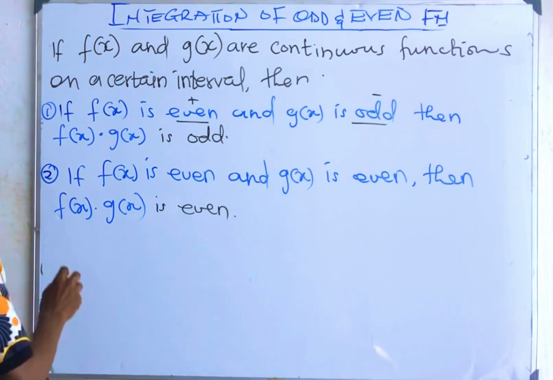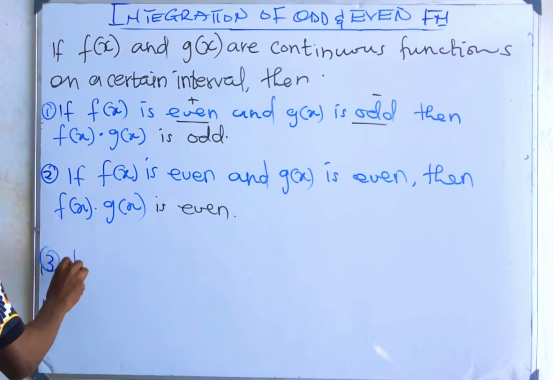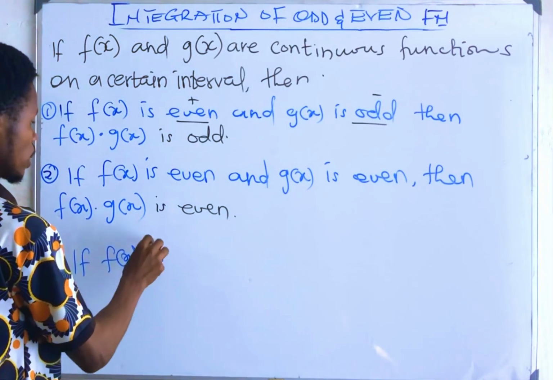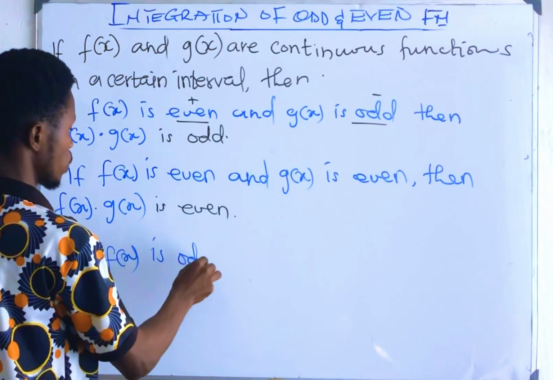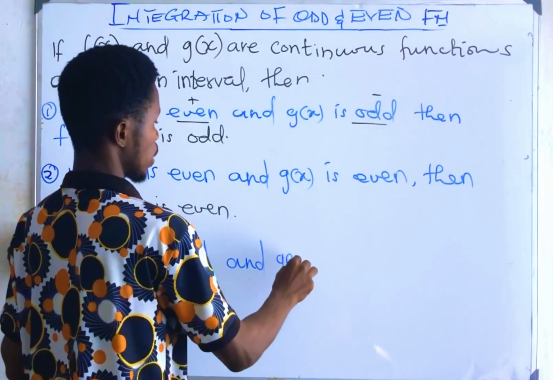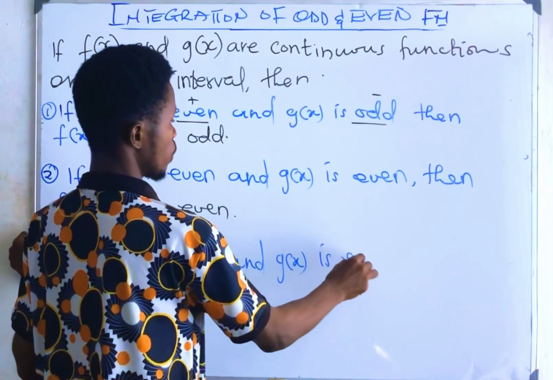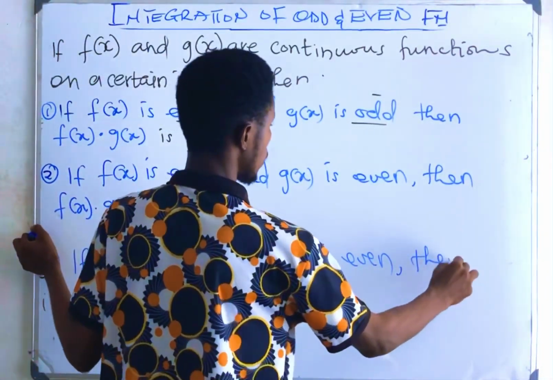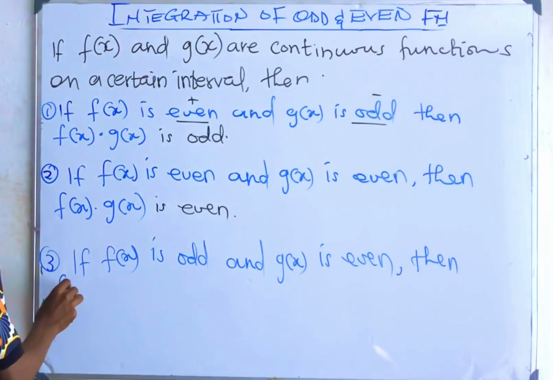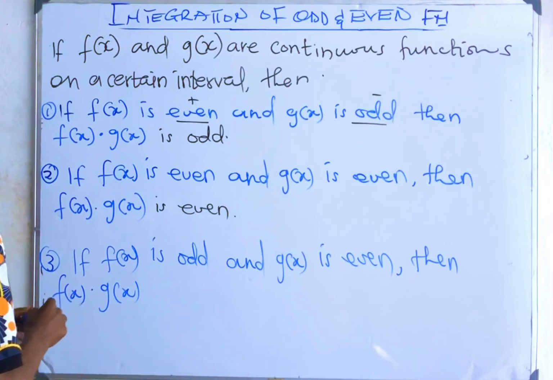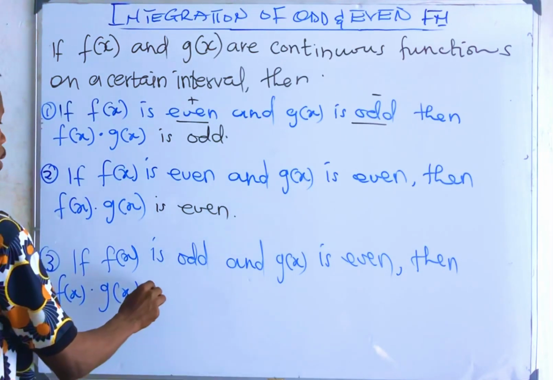Last one. If f(x) is odd and g(x) is odd, then f(x) multiplied by g(x) is what?